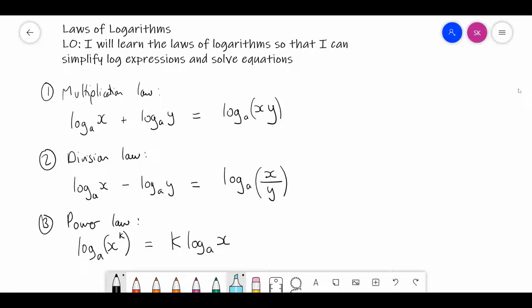And we're also going to look at a couple of special cases when you've done that. So those are the laws. These are the special cases.